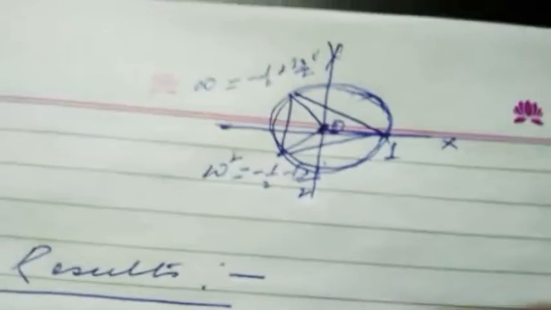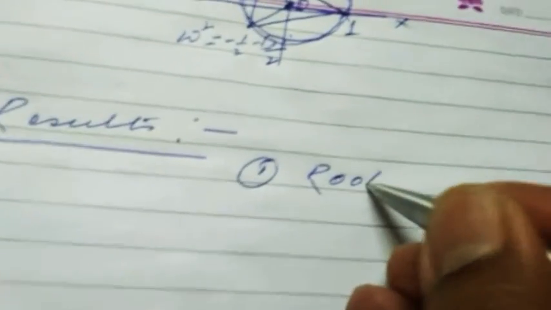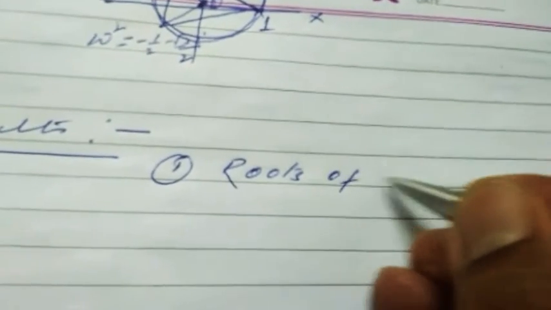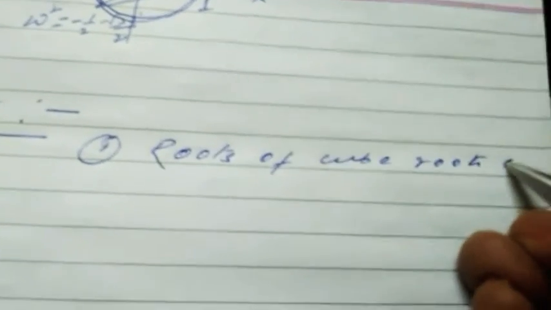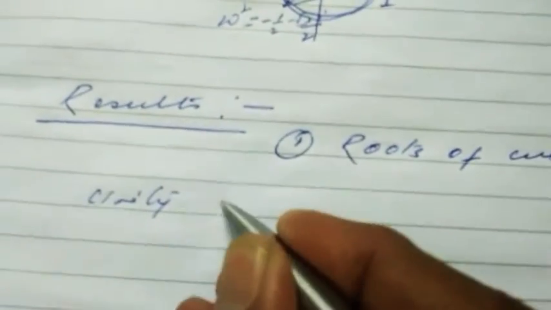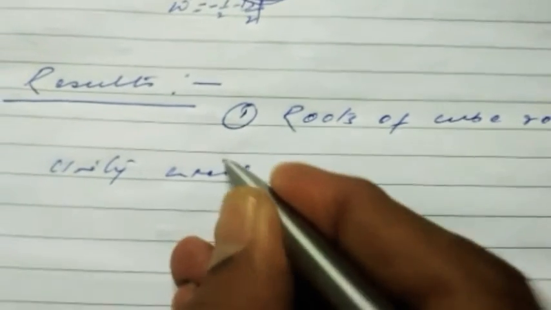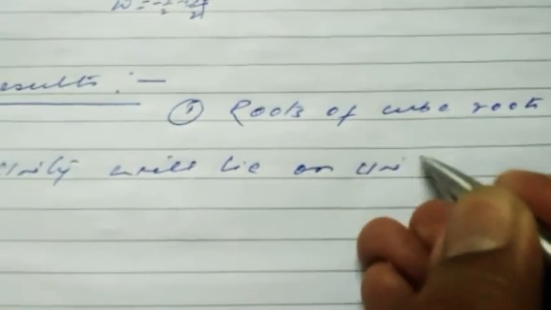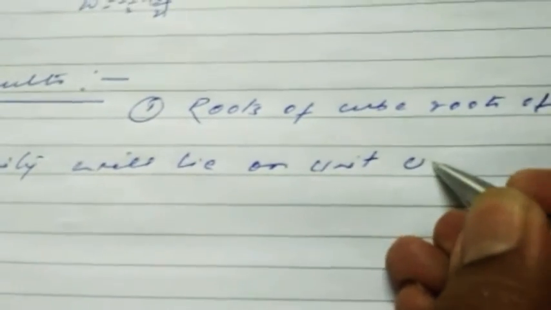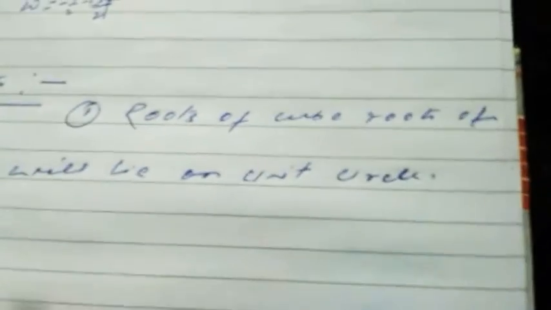What is a unit circle? A unit circle is a circle whose radius is 1.